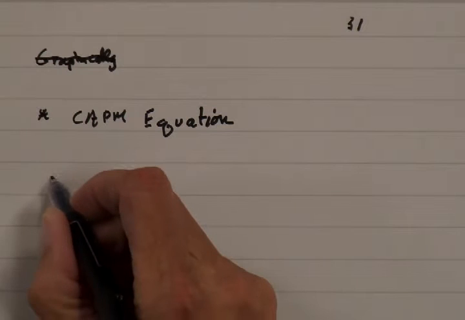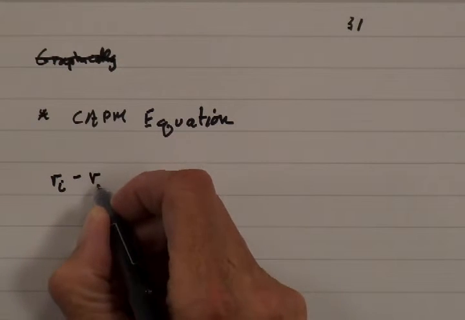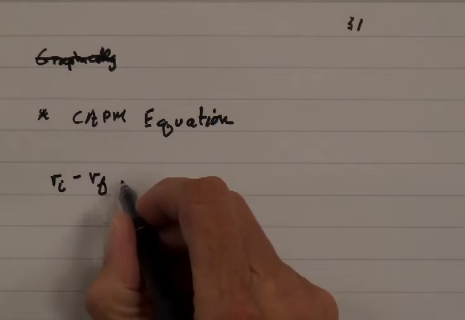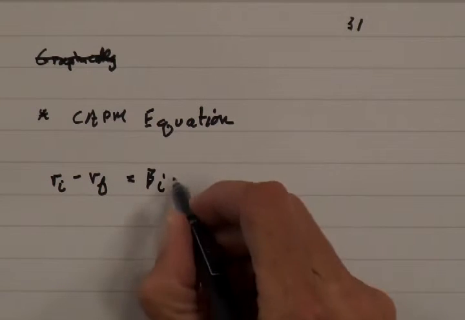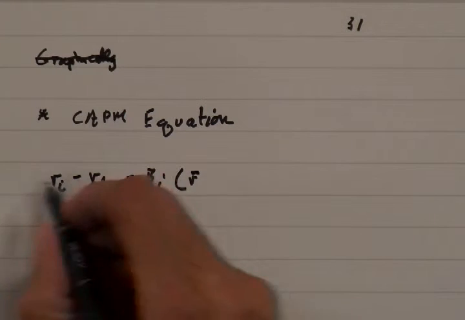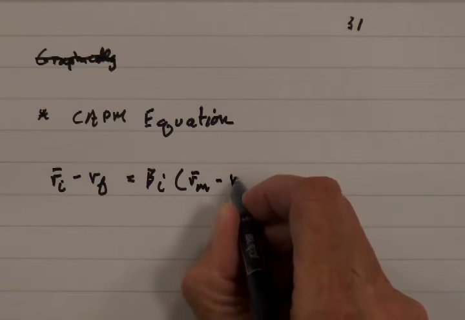It says that R_I minus R_F, so we take the rate of return on asset I minus the risk-free rate, equals beta I times (R bar M minus R_F).